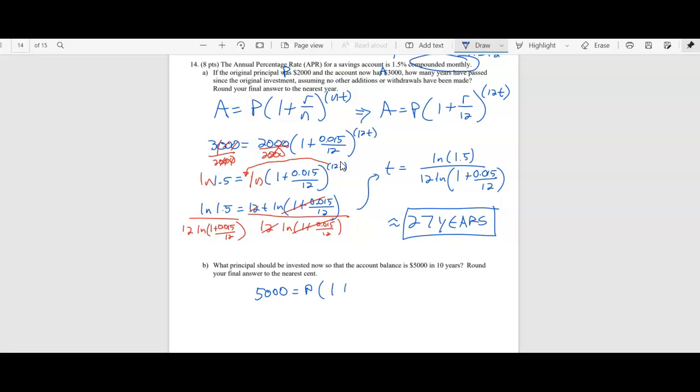The account, we have the same 0.015 over 12, but now we have 10 years. Because it's a part B, it's the same savings account that we're working with, the same interest rate, the same compounding. And now the original principal is out because we're now looking for a new principal.